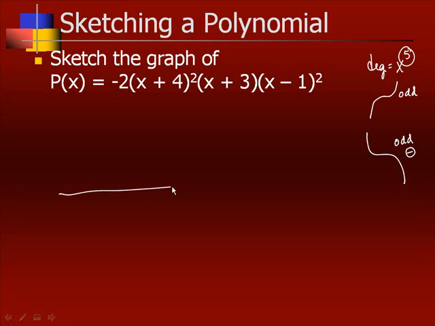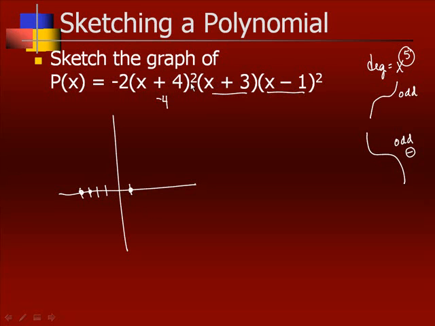So that's sort of what we have. Now, if x plus 4 is a factor, -4 is a 0. If x plus 3 is a factor, -3 is a 0. And if x minus 1 is a factor, 1 is a 0.